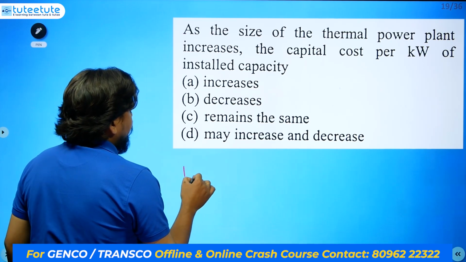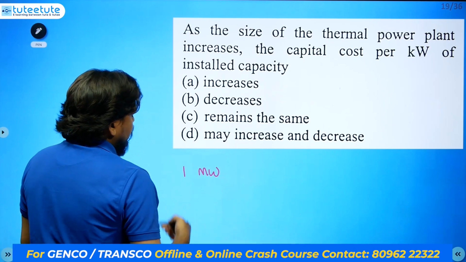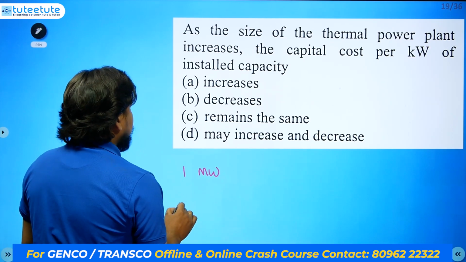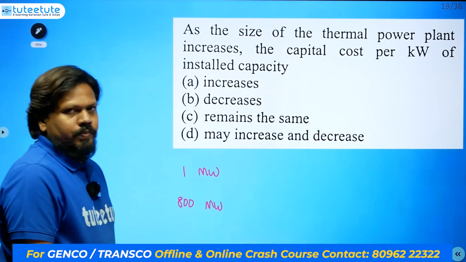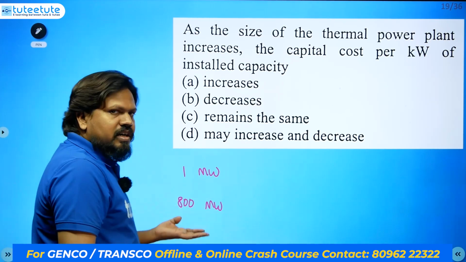One power plant is 1 megawatt. Another power plant is, for example, a recent one, 800 megawatt. This is the generator capacity, right?